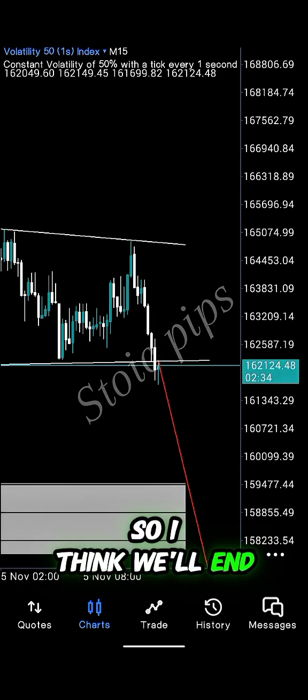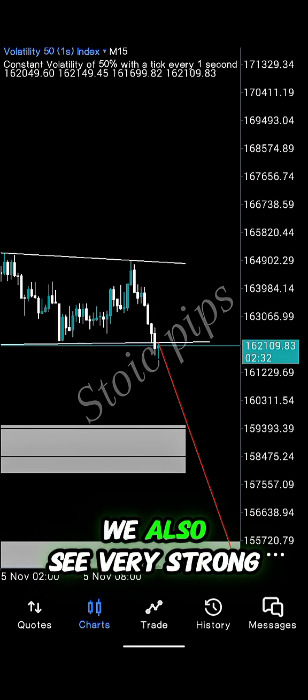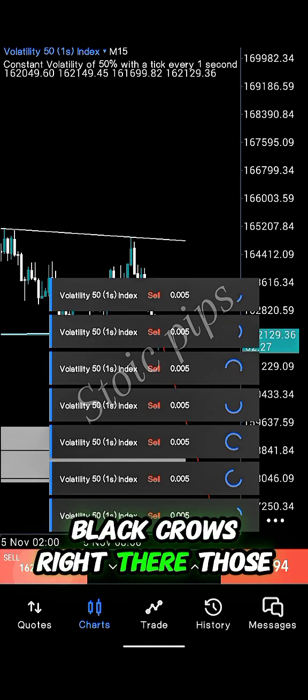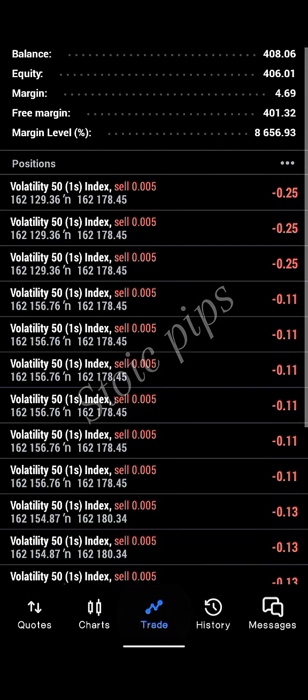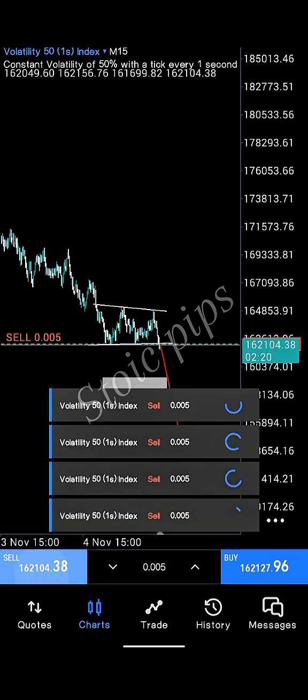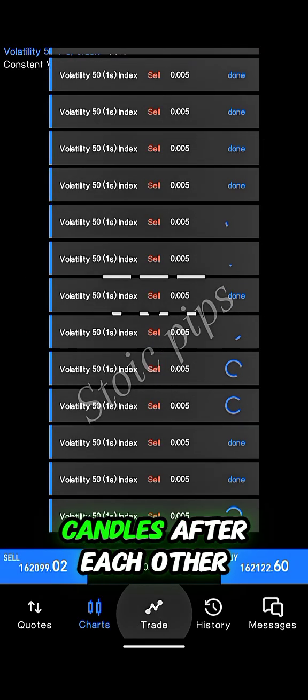So I think we'll enter at this point because we know price is selling. We also see very strong black crows right there. Those are strong selling candles after each other, or bearish candles after each other.